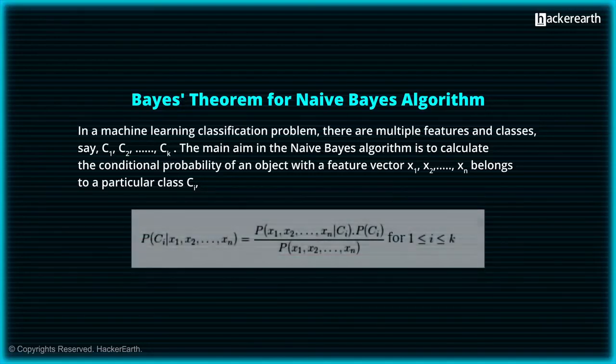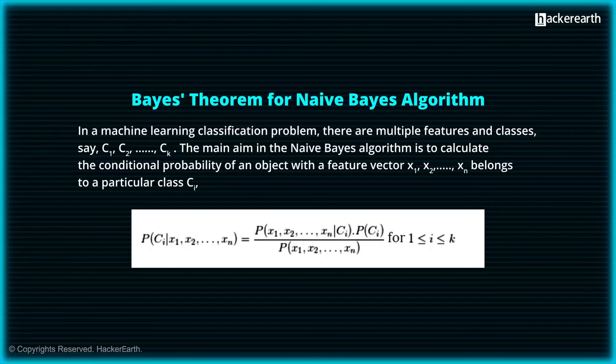That is, the probability of Ci given x1, x2, up to xn, which according to Bayes' theorem is equal to P of x1, x2, up to xn, given Ci, the probability of Ci upon P of x1, x2, up to xn. This is to be calculated for all the values of i ranging from 1 to k.